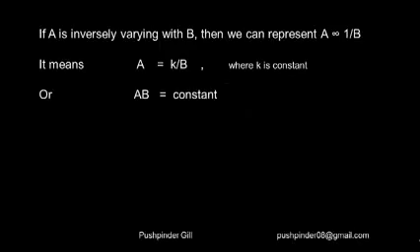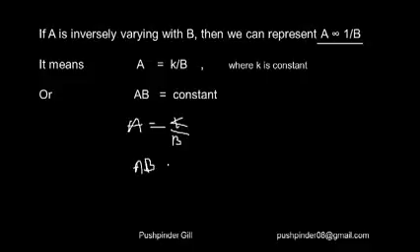Now if A is inversely proportional to B, it inversely varies with B, then we can say A is directly proportional to 1 by B. So A is equal to K times 1 by B, or I can say the product of both of them is going to be constant.